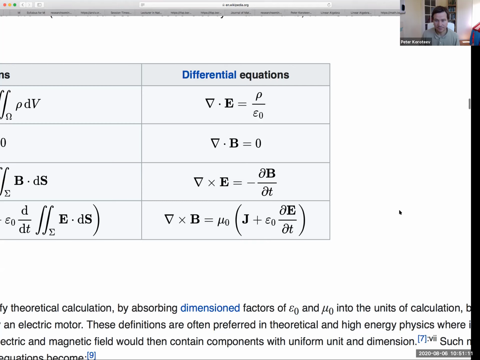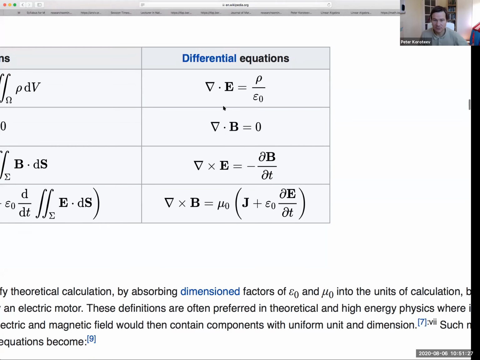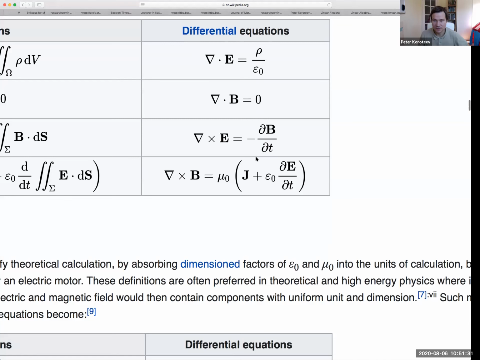But let's say it's not there, as in the SI system where, in CGS, there is no epsilon. So divergence of E is equal to the charge density. Divergence of B is equal to 0, and then there are 2 more equations which are related to time dependence.